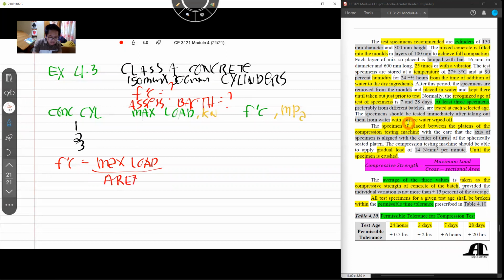Okay. So, again, class, since alam na natin na cylinder siya, yung cross-sectional area niyan, so yung max load all over yung area. So, alam natin cylinder, so bilog. So, pi over 4. Gamitin na natin yung diameter, class.